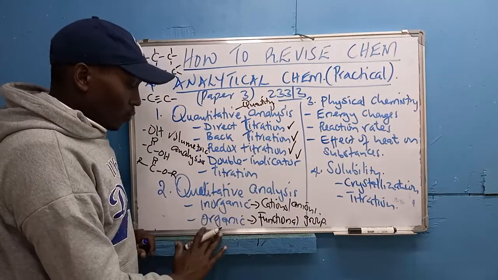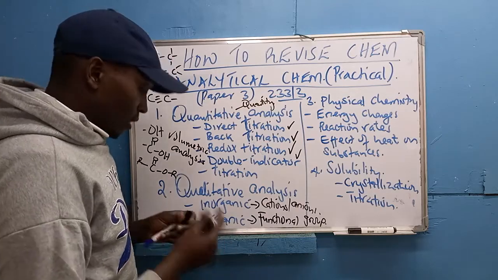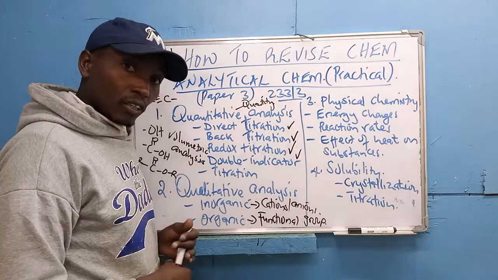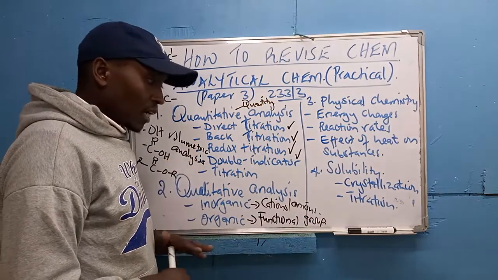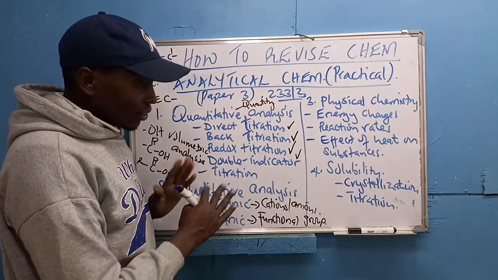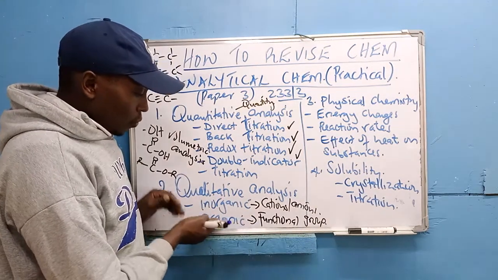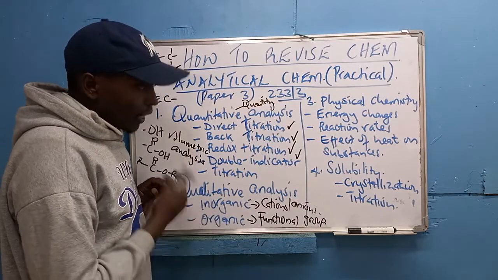If they are talking about igniting the solid, adding bromine water, adding sodium carbonate, whatever other means they are using, the reagents will guide you whether it is inorganic or organic.